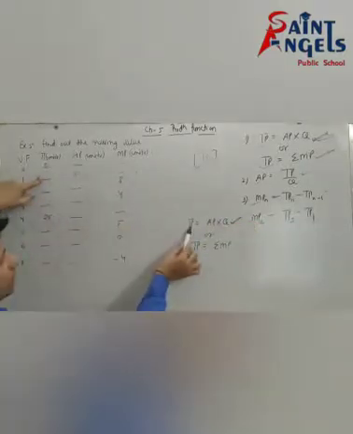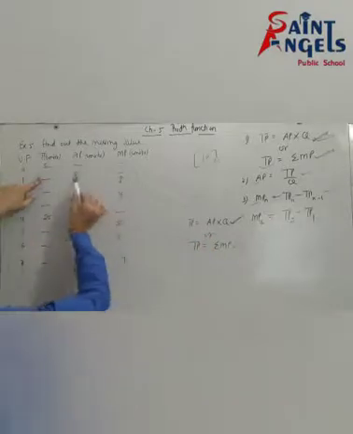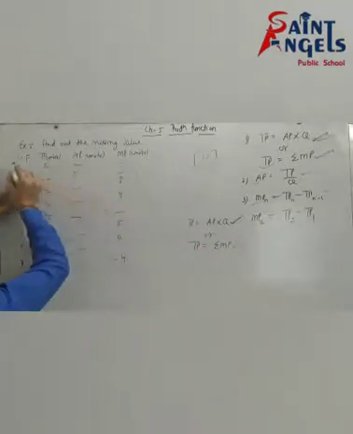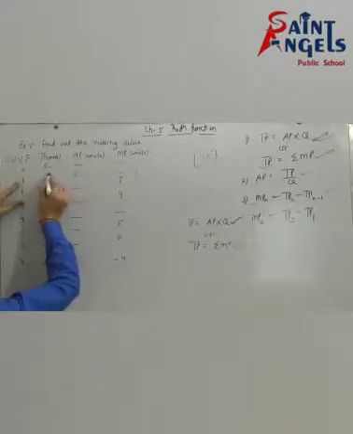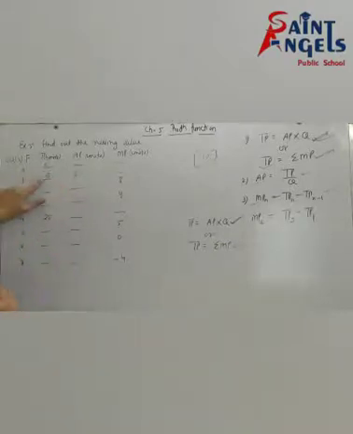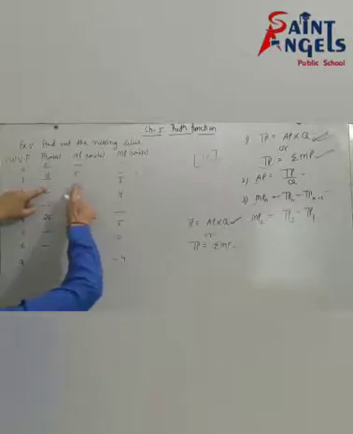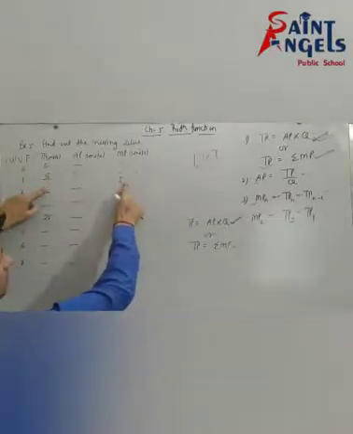What is the formula of TP? AP into Q. Variable factor means Q. AP into Q means 5 into 1 means 5. Now come here. To find this value of TP, AP is not given, but MP is given.